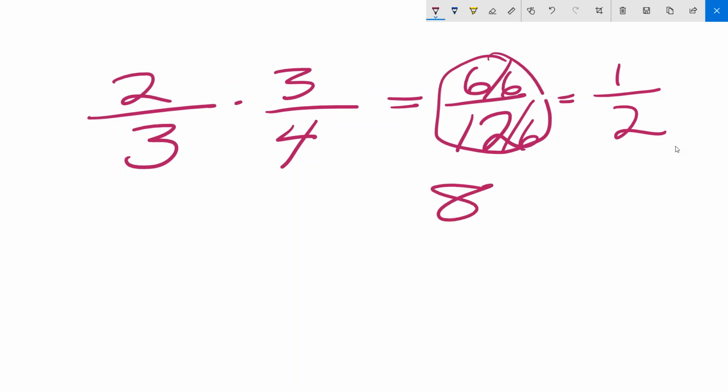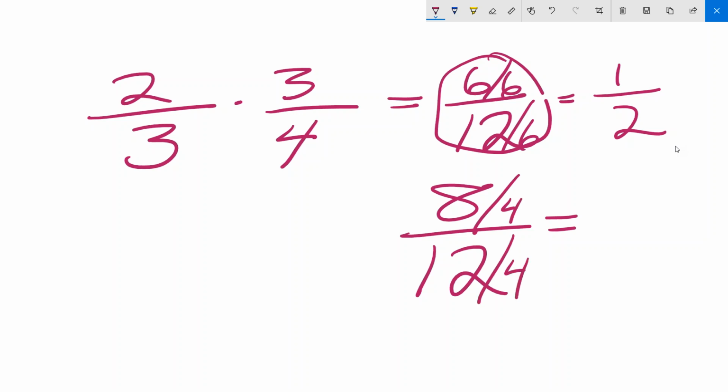How about that? Reduce that for me. What's the largest number that divides both the numerator and the denominator evenly? 4. Okay, let's put a 4. I'm going to divide. I can always do this. Now what does that give me? That gives you 2 and 3. 2/3.